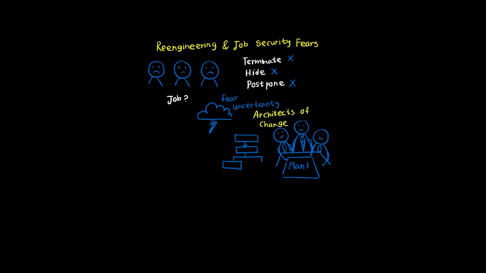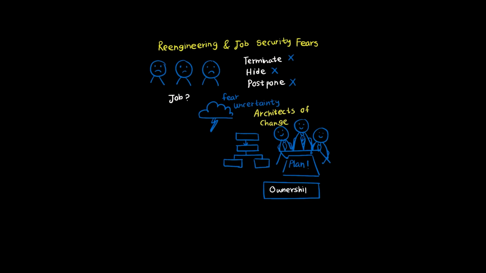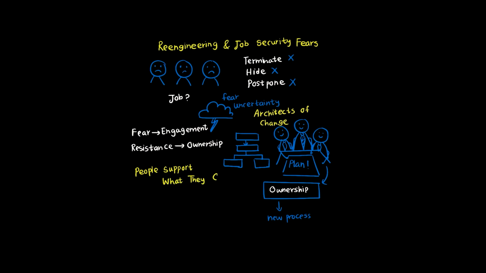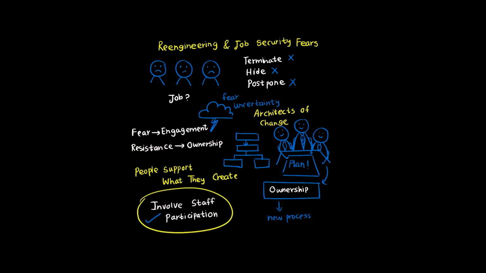They identify inefficiencies that management might miss. They feel ownership over the new processes. Their expertise shapes better solutions. It's like renovating your own house versus having someone else redesign it without asking. Participation transforms fear into engagement, resistance into ownership. People support what they help create.